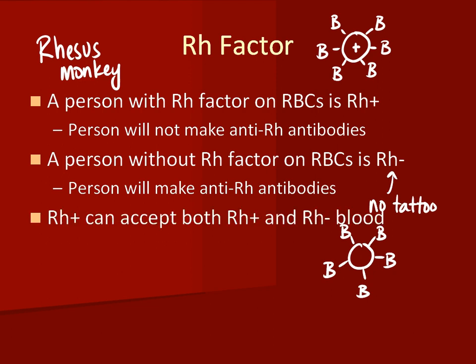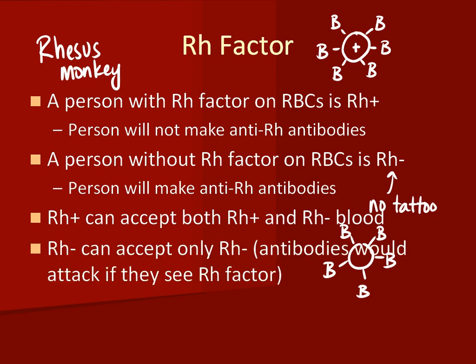So somebody who's Rh positive, they accept positive tattoos and negative tattoos because that's the lack of a tattoo. That means there is no Rh tattoo. But people who are Rh negative can only accept negative blood. They can't accept positive because they would recognize that positive right there as a bad tattoo, some rival gang, and they would go to attack it.